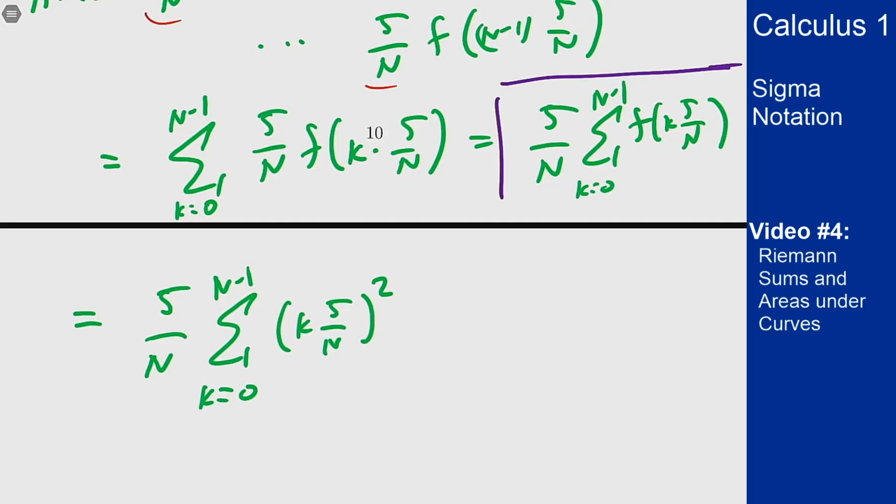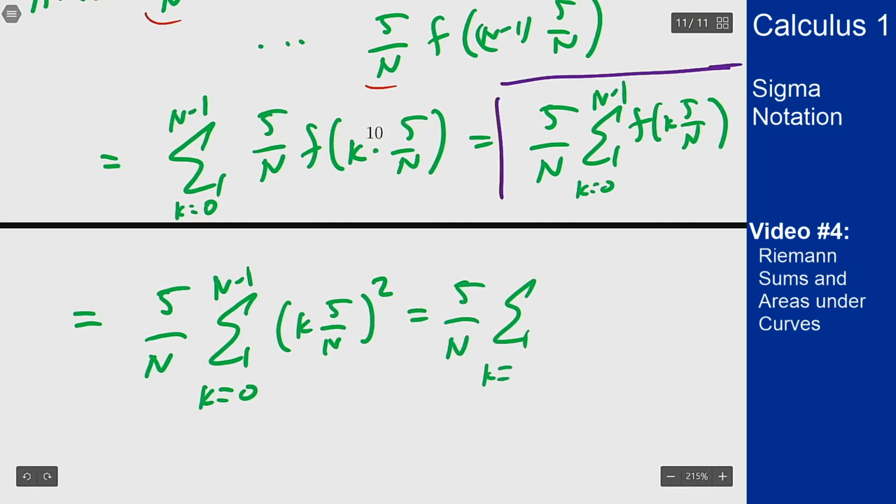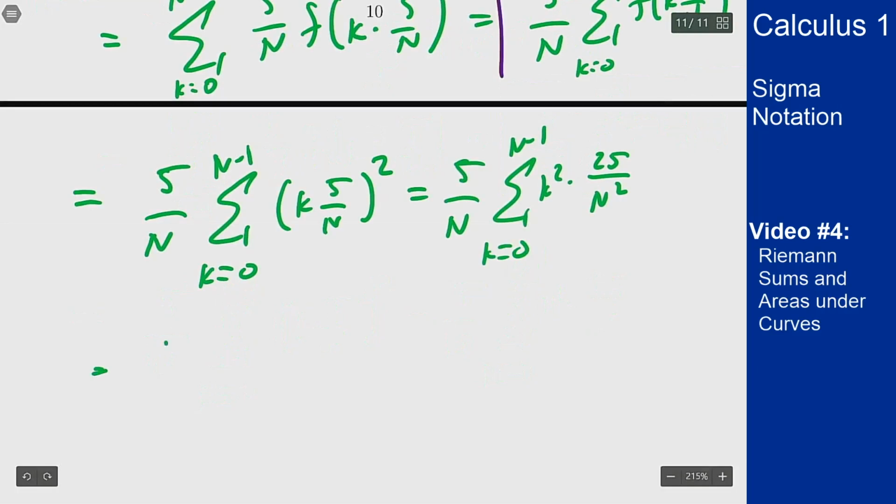I can put the squared inside. So you have 5 over n, sum k from 0 to n minus 1 of k squared times 25 over n squared. I can pull that constant out front again to give me a 125 over n cubed, sum from k equals 0 to n minus 1 of k squared.